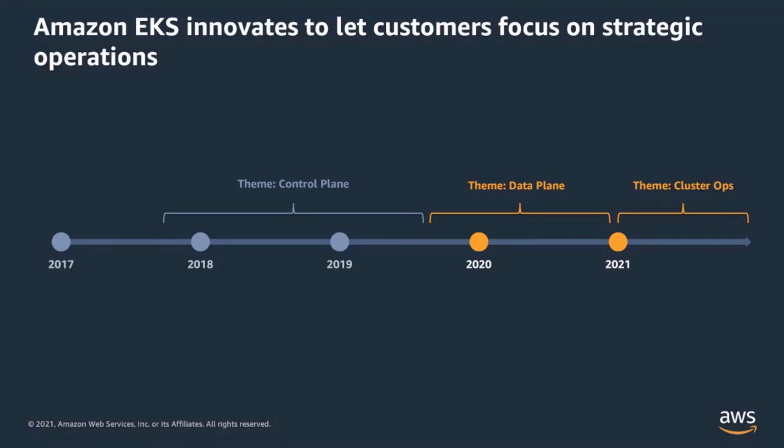This really laid the groundwork to provide a fully managed Kubernetes experience for our customers, where we take care of everything from security patches to version updates to operational tooling within your cluster. And we intend to continue on this journey to provide a fully managed experience for the entire cluster lifecycle. This next phase is what we are referring to as cluster ops, where we will manage, deploy, and operate on behalf of our customers operational software and add-ons necessary to support production Kubernetes deployments.